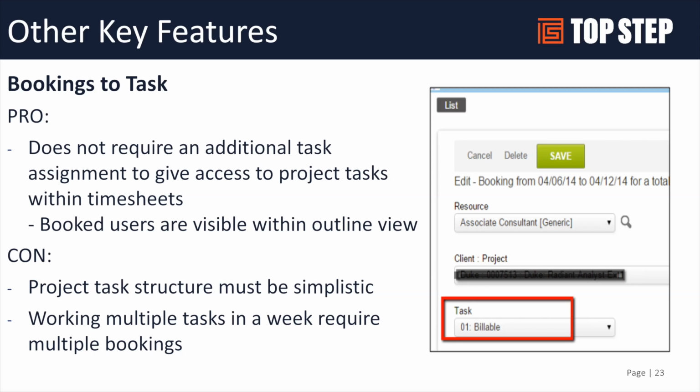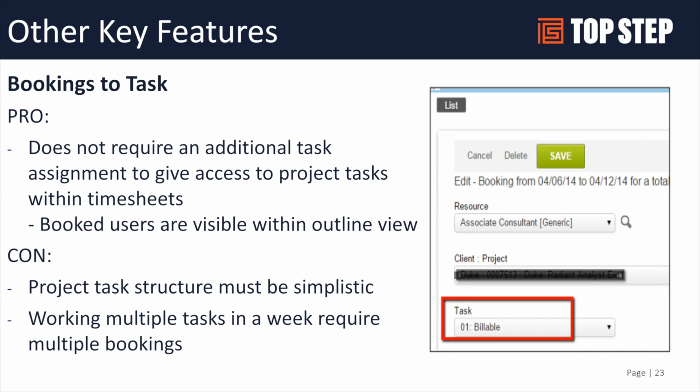It does, though, require simpler project plans. If you get to a 25 to 50 plus task structure, bookings to task no longer become efficient, because each booking requires a task, and each time someone's working on a task in a week or in a month, it requires a new booking.